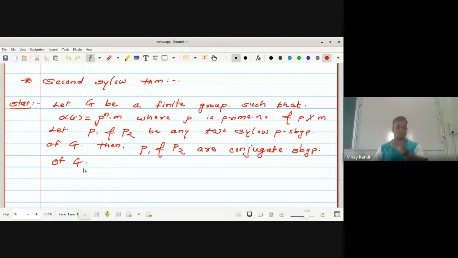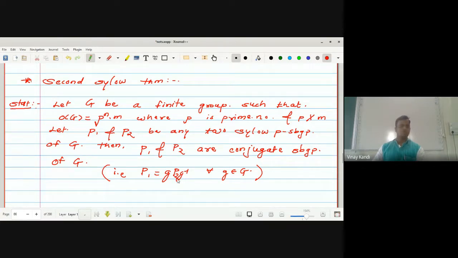That is, P1 is equal to g P2 g inverse for some g belonging to capital G. This is the definition of conjugate subgroups. Then we say that P1 is conjugate to P2.